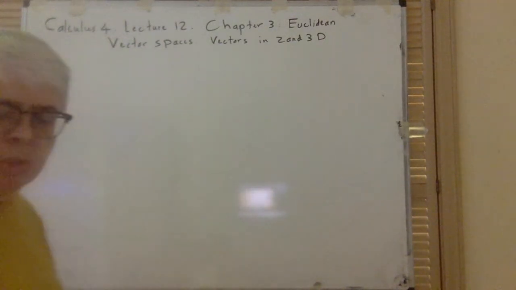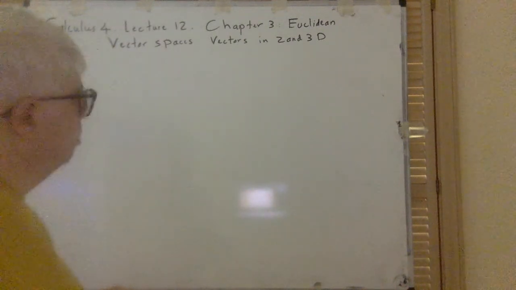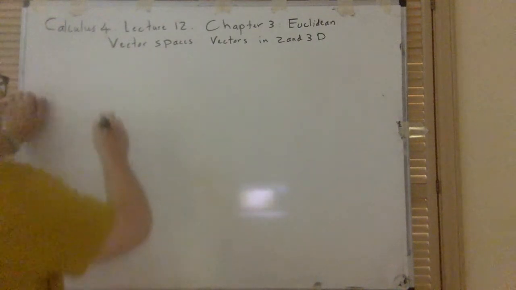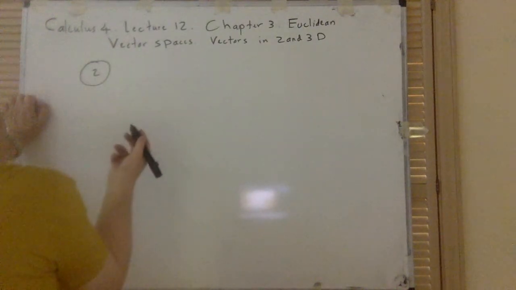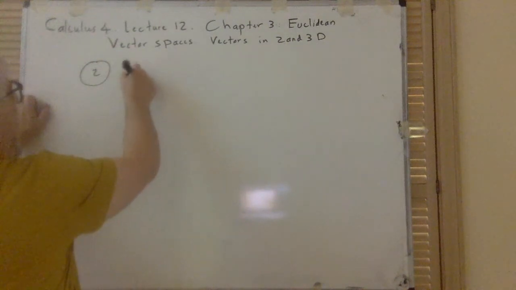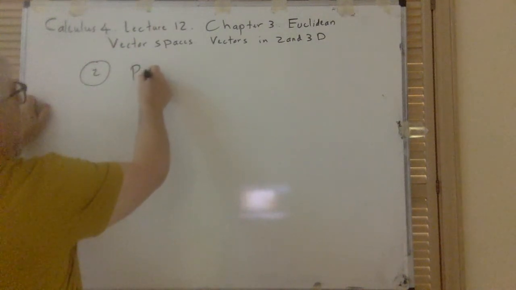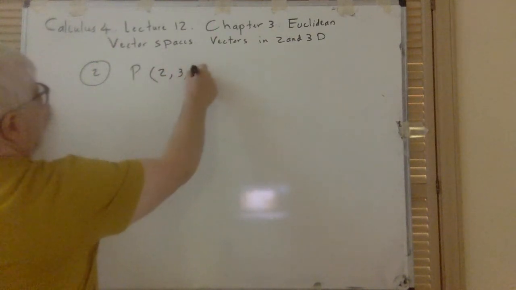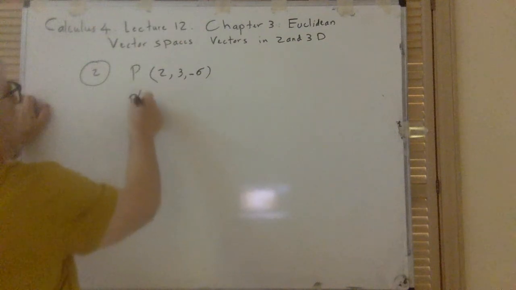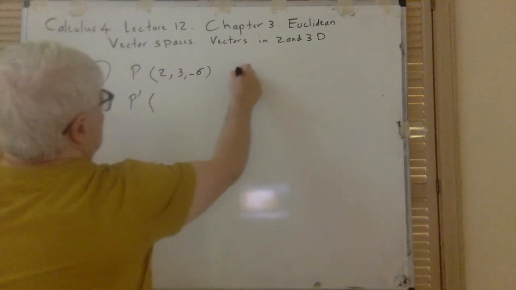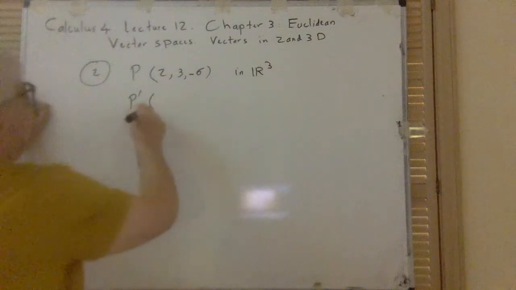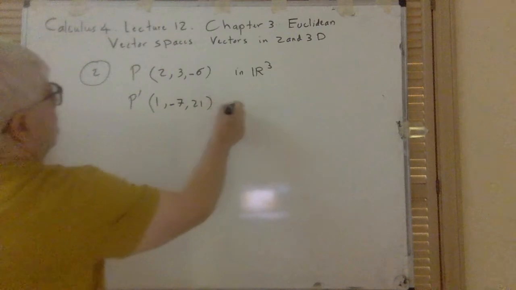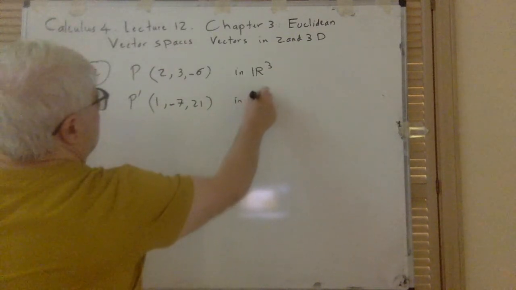I will try from now on to use the matrix notation and not the parenthesis notation. So, example 2, let's say P has coordinates 2, 3, minus 6, for example, and P prime has coordinates, and this is in R3, 1, minus 7, 21, again in R3.